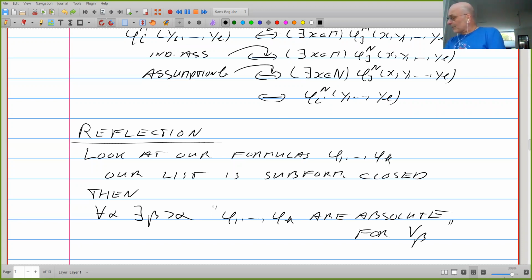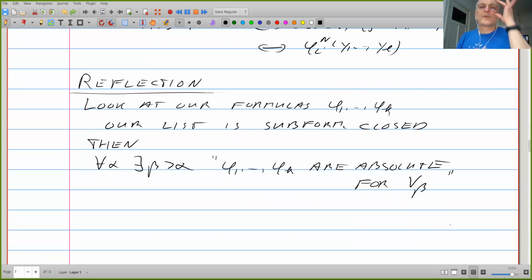That's why I put it in quotes. Give me an ordinal, I'll give you a bigger one, such that the formulas are absolute for the corresponding V beta. Absolute, that's our list of formulas, but our list of formulas were axioms.